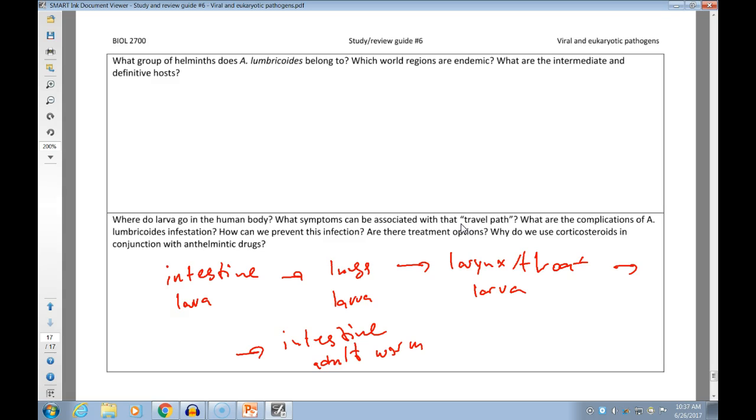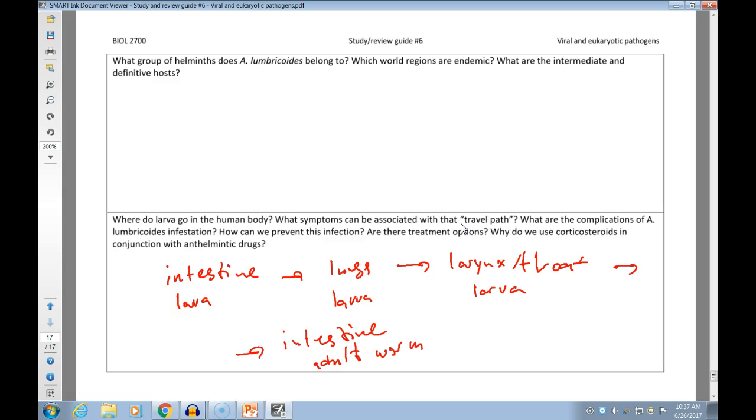Okay? Symptoms, think about this. It can be peritonitis, because when larvae crawl out of the intestine, they can take bacteria with them. Pulmonary symptoms, pneumonia and other sorts of pulmonary infections, cough. Okay. Complications, just mentioned.